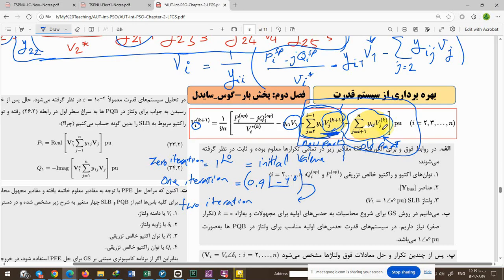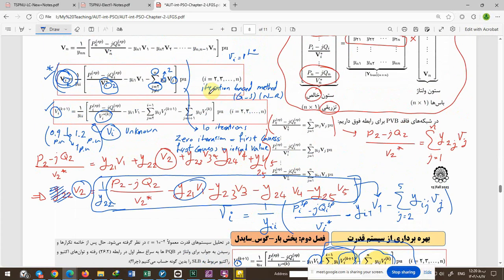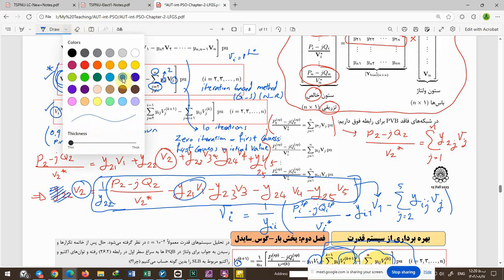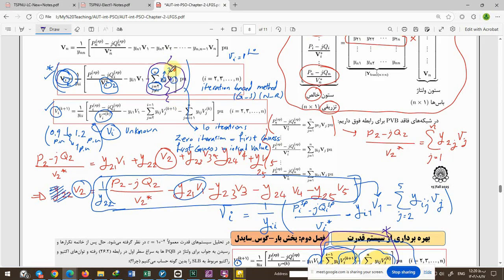In this part we have to replace it with the old one. This expression is replaced with this expression, and we divide it into the new one and the old one. Okay.